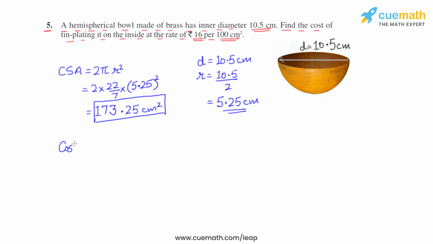So cost of tin plating the bowl for 100 square centimeters is rupees 16.